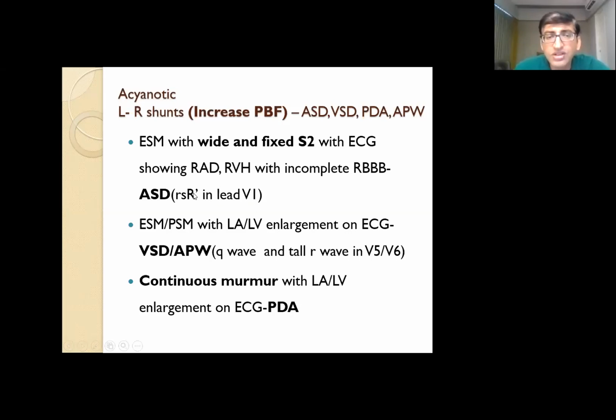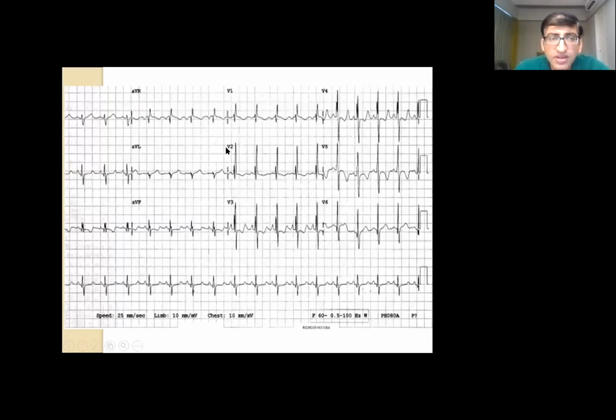So what are the ECG findings of right axis deviation and incomplete RBBB? In lead 1 and aVF, you can see that there is a deep S wave and an upright R wave.